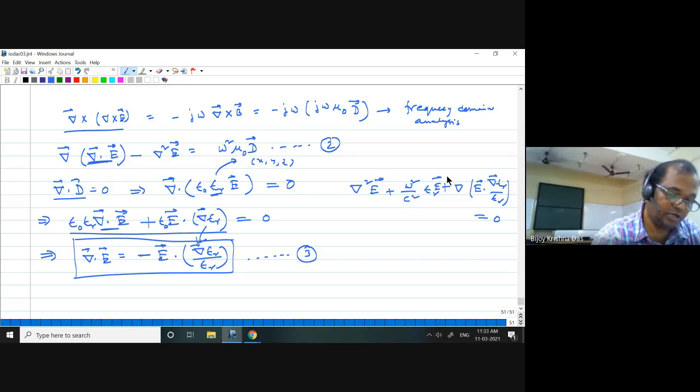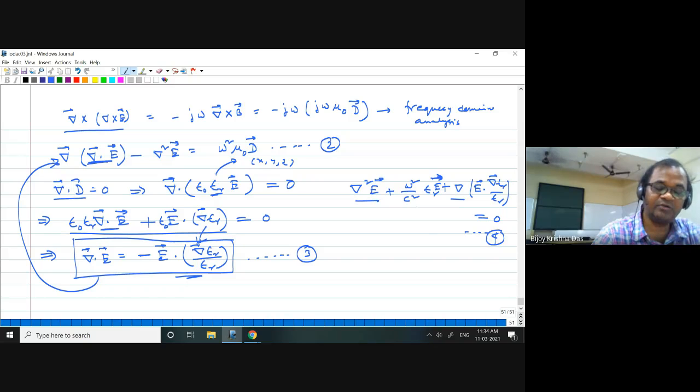So if you substitute here this divergence E, that means I can write del multiplied by divergence E, right? So del multiplied by this term is there, and that is here, and del square E, and omega square by c square epsilon r E. Is that correct? So this will be your equation 4, right? Any doubt?